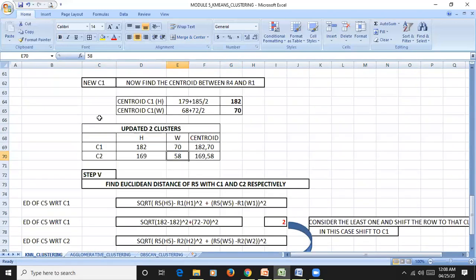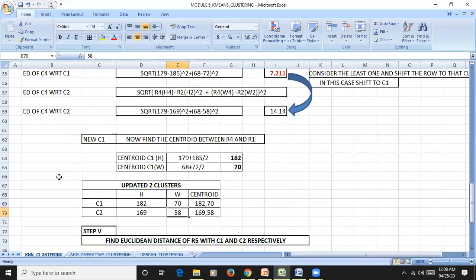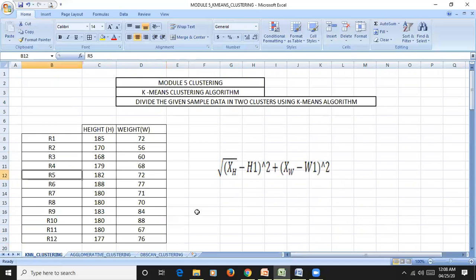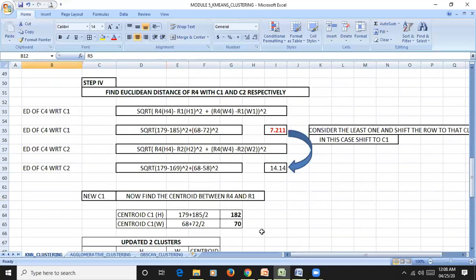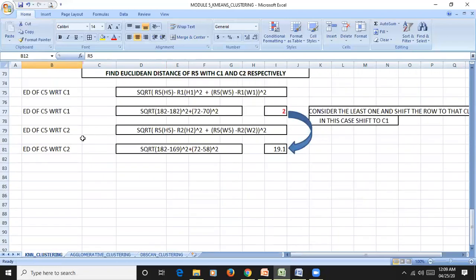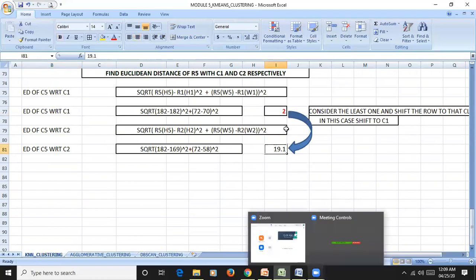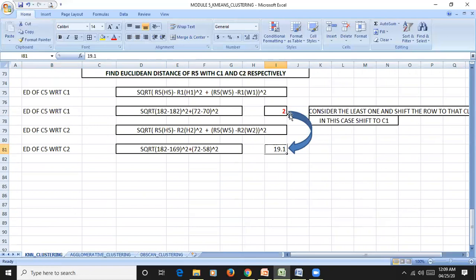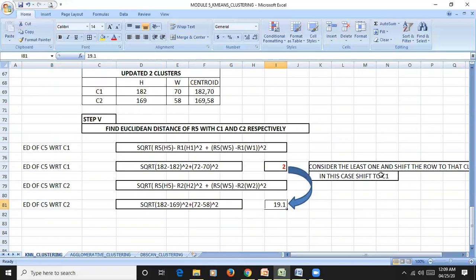What's my next step now? Again, find the Euclidean distance of R5 with the latest updated values of C1 and C2. The same way, as you go on finding it, you'll come across that C1 is observed with a value of 2 and C2 with 19.1. So 2 is lesser in our case. That's why R5 is a member of C1.